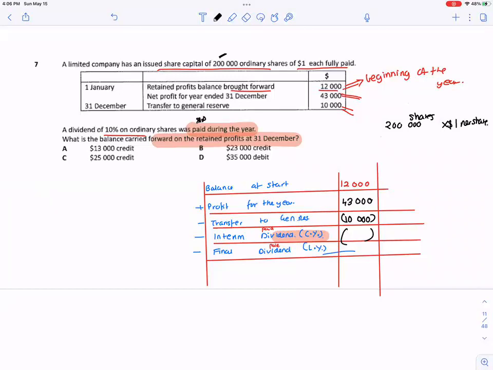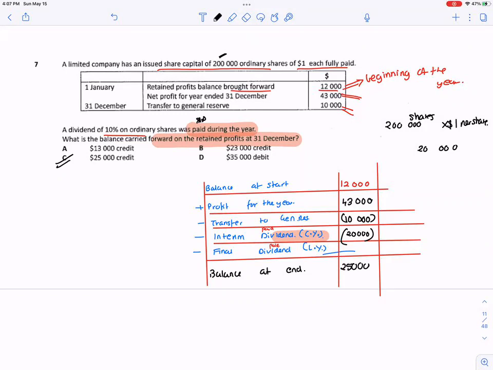They have paid 10% on this. So how much dividend have they paid? 20,000. So I will get the balance at end. What is the balance at the last for my retained earnings? I'm getting 25,000. So it is 25,000 credit.